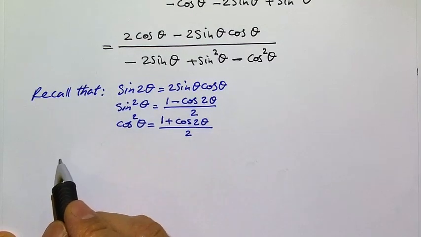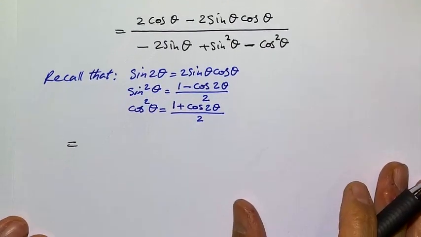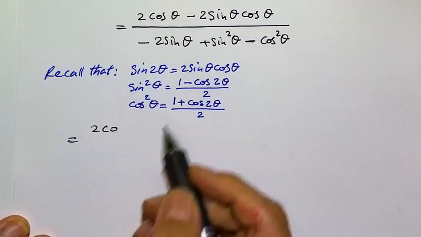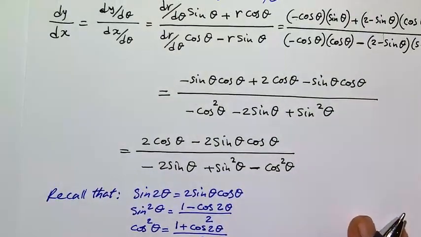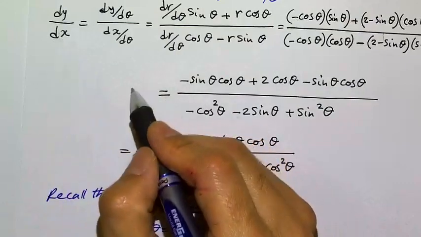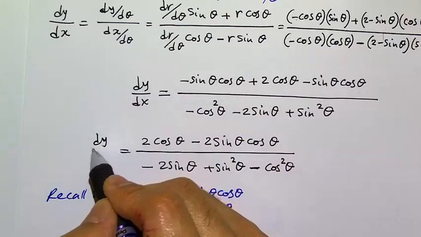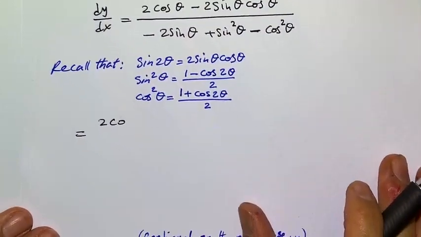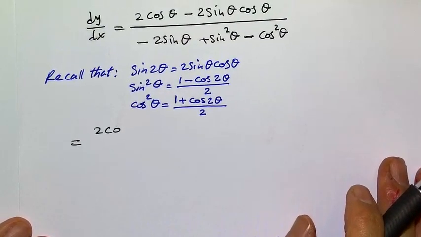So we have 2 cosine theta. And by the way, I forgot to write, these are all dy dx. We're calculating dy dx here, and this one also is dy dx.